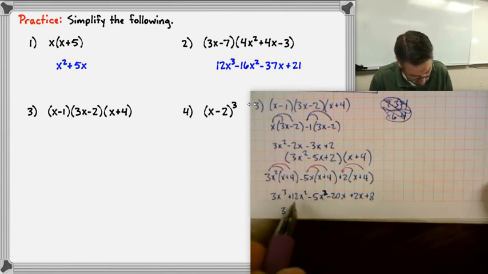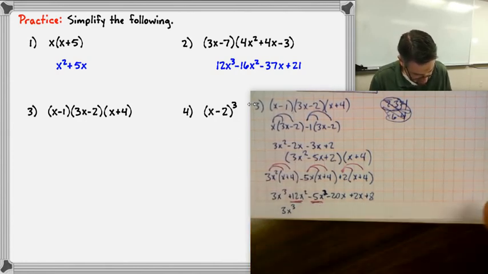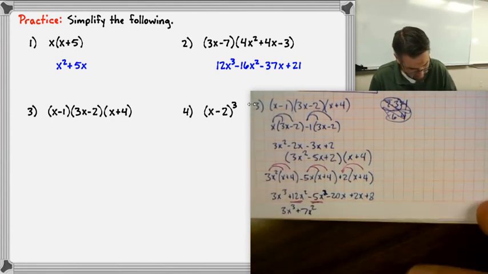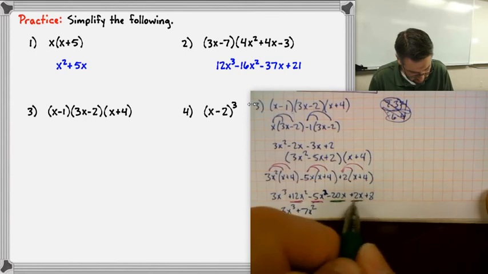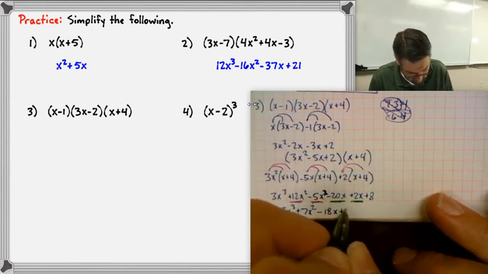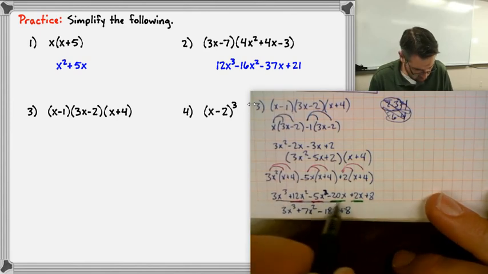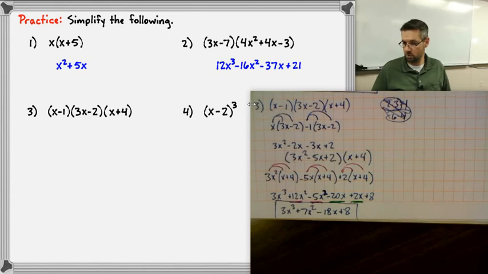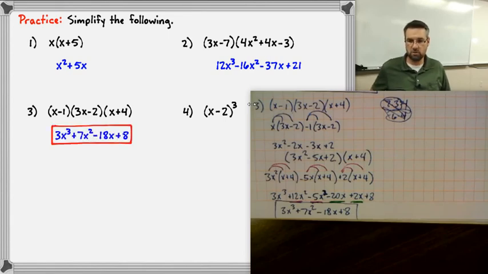And then we have the 12x squared and the negative 5x squared. That's going to be plus 7x squared. And then the negative 20x and the 2x becomes negative 18x and then plus 8. And so there we have our answer. And we're going to compare that to the board, and it looks good to me.